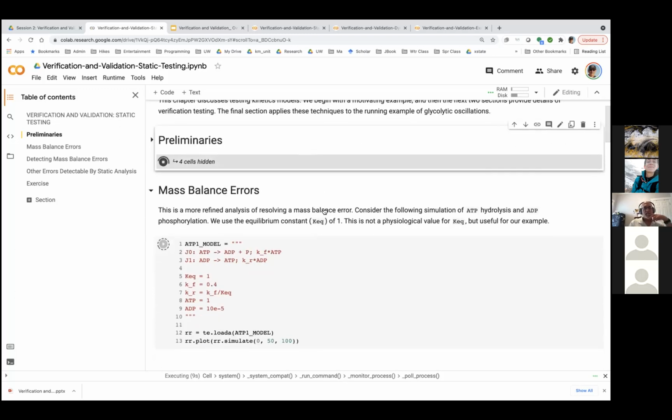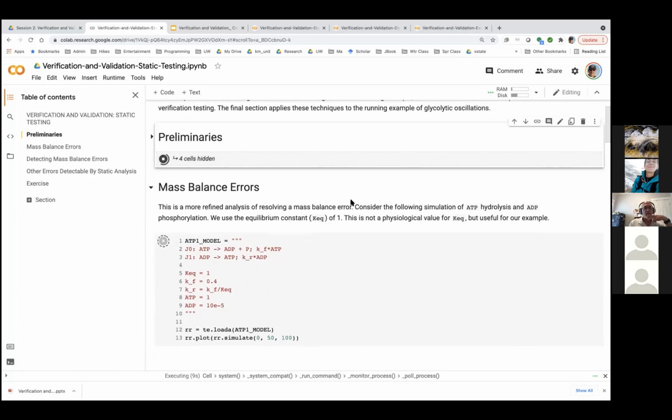And you just hide it because it's less helpful for you right now. All right, so mostly what it does is a pip install of Tellurium and a pip install of SBML lint, this static error checking code.